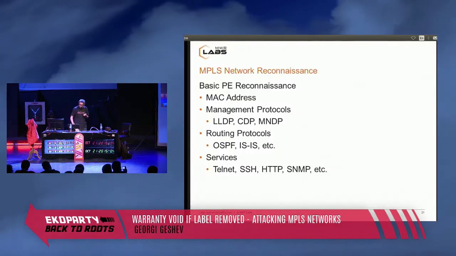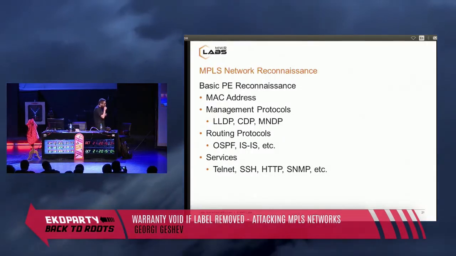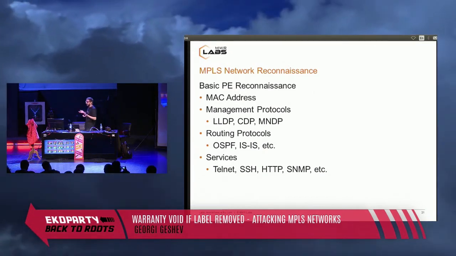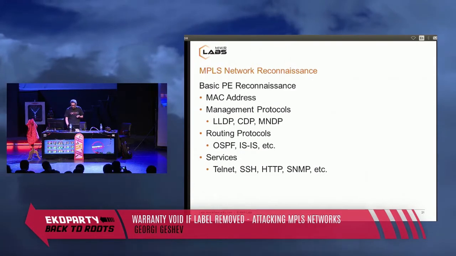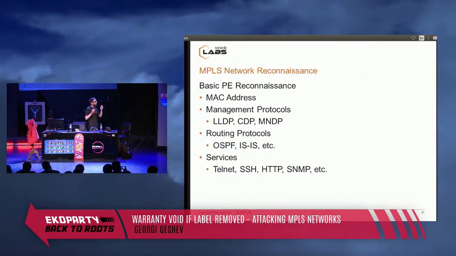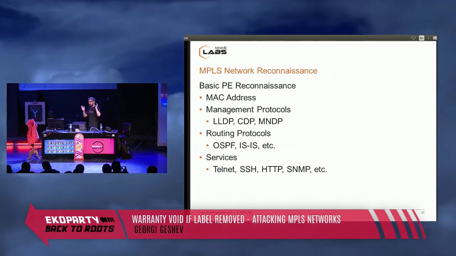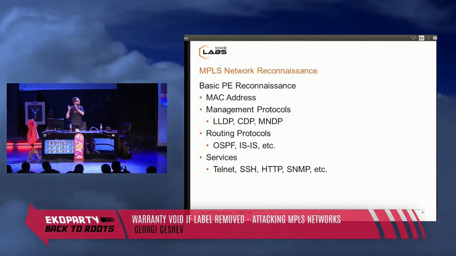Now, I want to start with really basic network reconnaissance. If you remember, there is a direct link between a customer and a service provider, basically the CE link and the PE link.